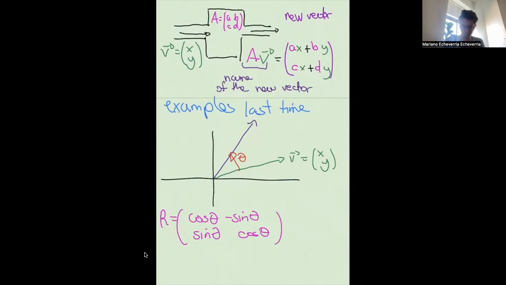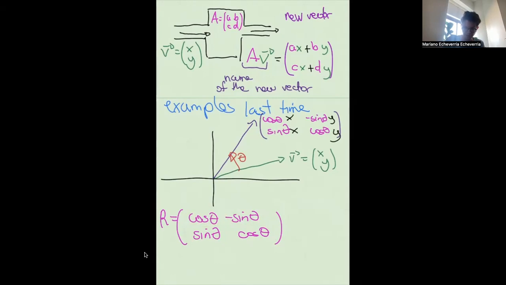That's the matrix you would need to use to rotate the vector. If you think of this as A, B, C, D, with the minus included in the B, the matrix is cosine of theta, minus sine of theta, sine of theta, cosine of theta, times x, y.